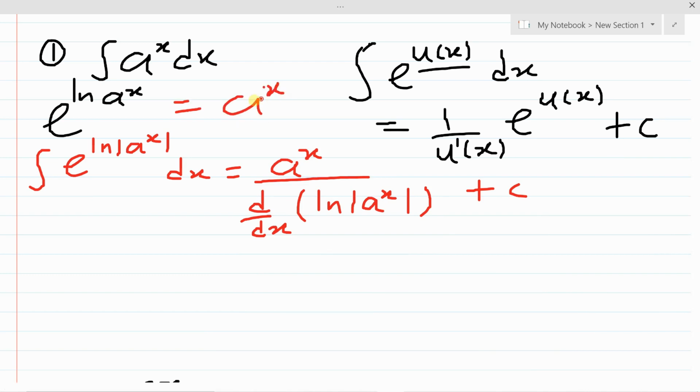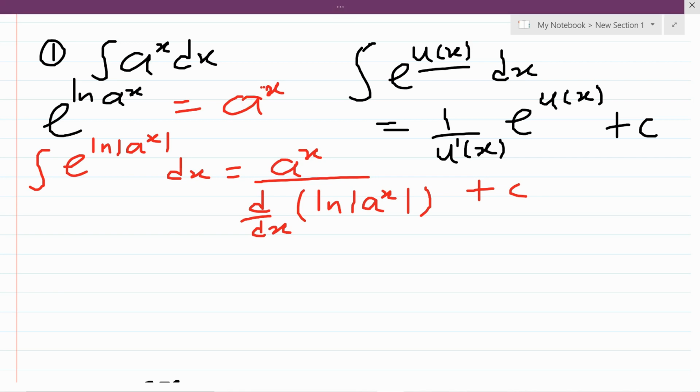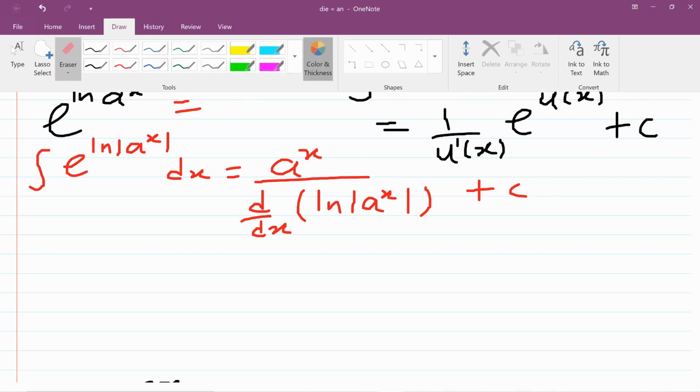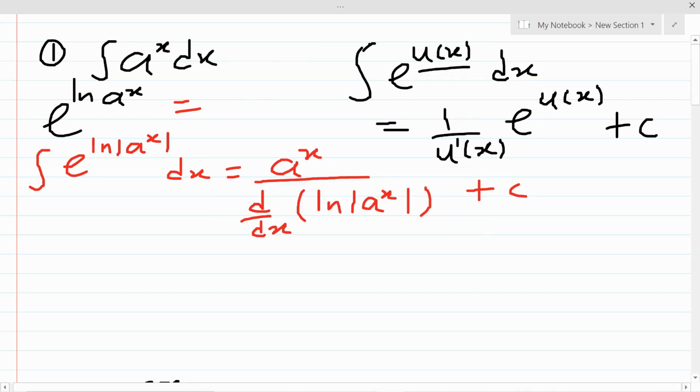And from the definition of integrating e to the power u, if you integrate e to the power ln of a to the x, or e to the power u of x, then it's the same as e to the power u of x, multiplied by 1 over the differential of the power.